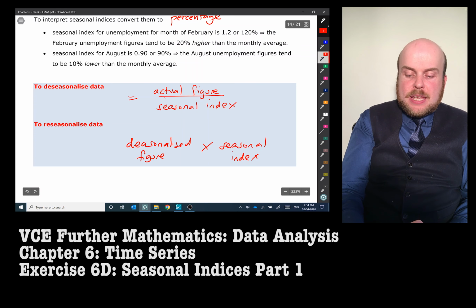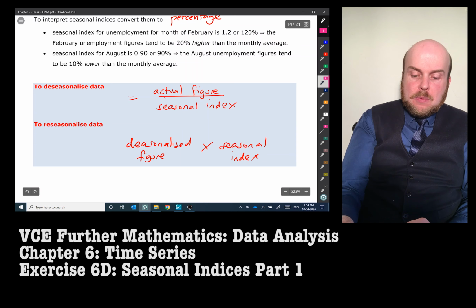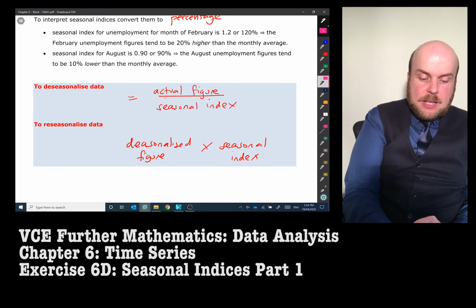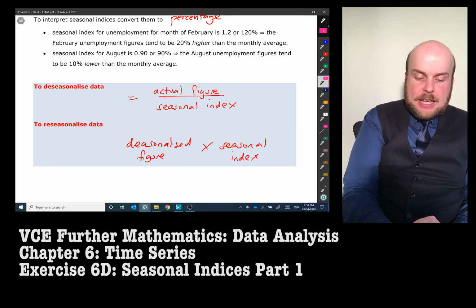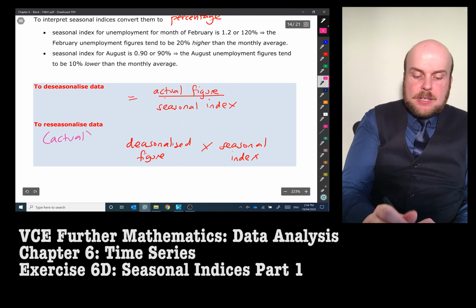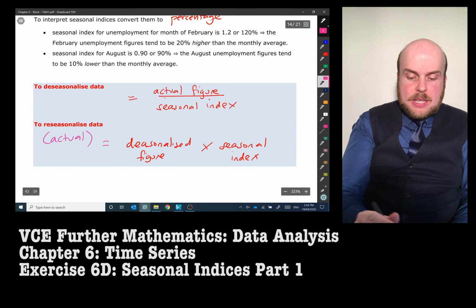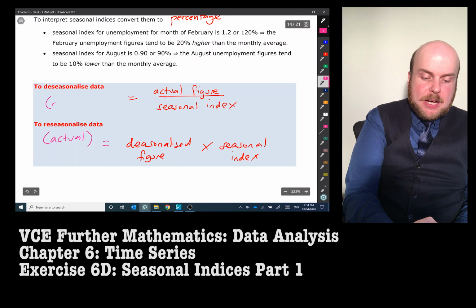That will get us the actual. So that's the actual there, whereas this will get me my deseasonalized.